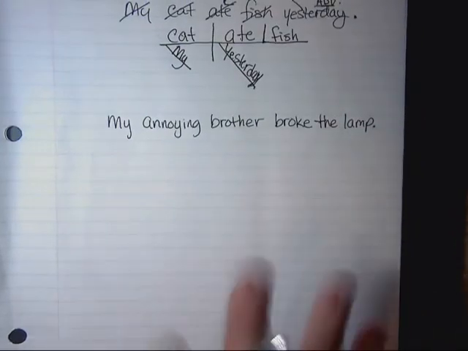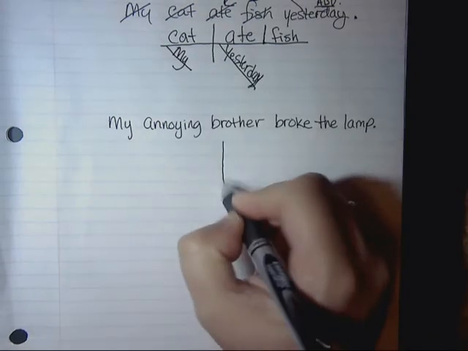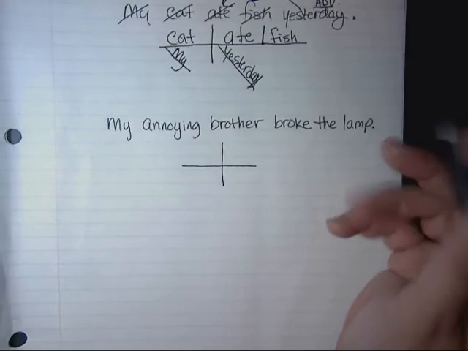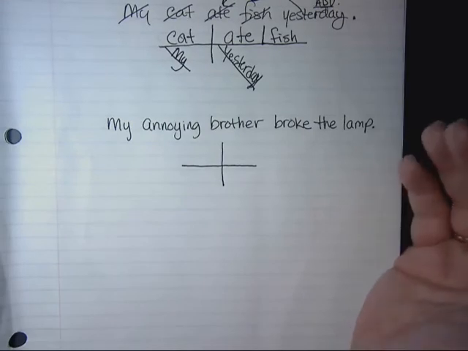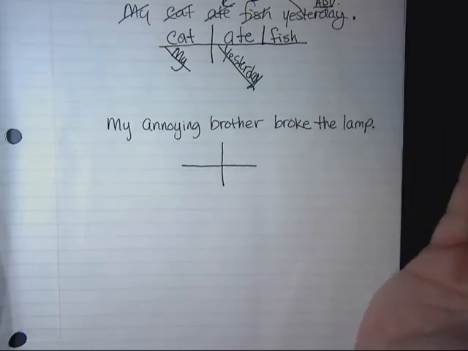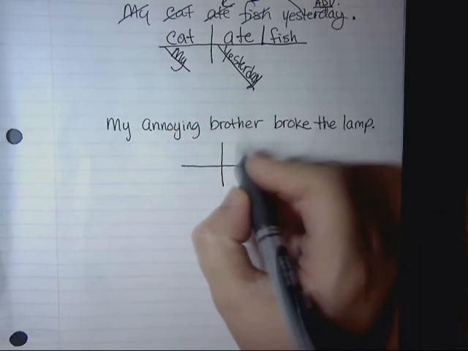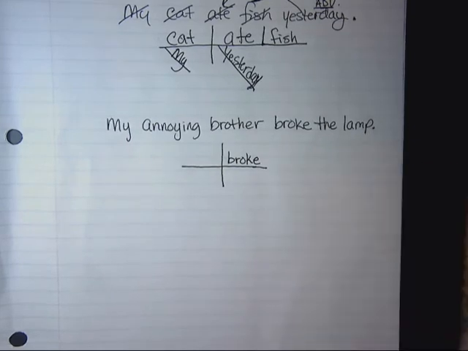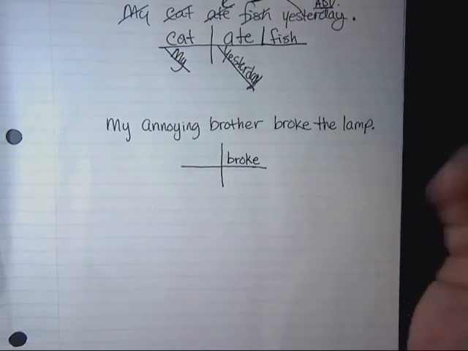Okay, we're going to start just like we did before. Right? Now, the easiest way again is to find the action. Find the verb. What's going on here? Broke. So let's put it in our verb spot. Very good. Now, who broke? Brother.